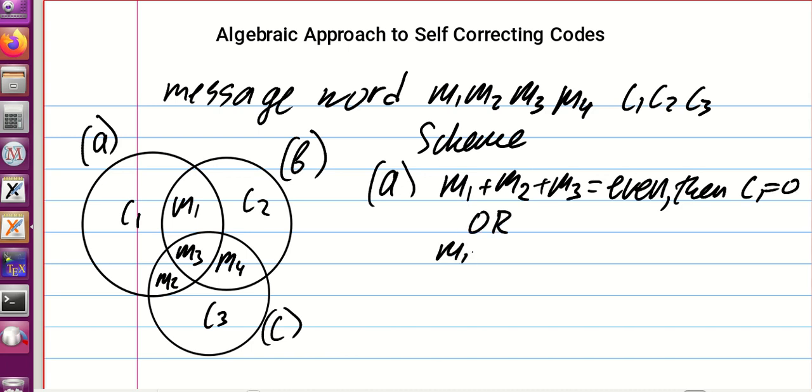Or it could happen that M1 plus M2 plus M3 will be odd number. Then our C1 has to be equal to 1 to switch it into an even.